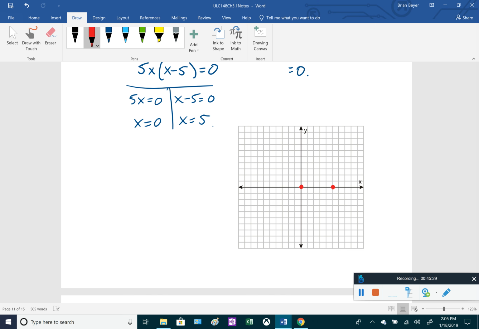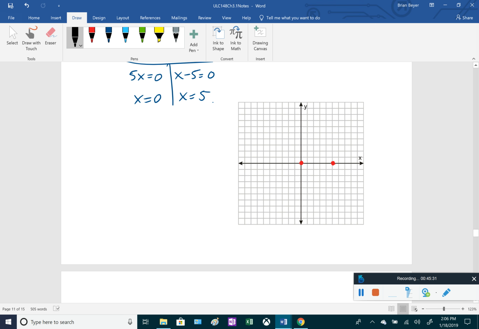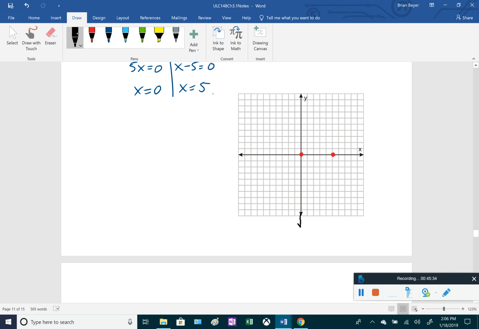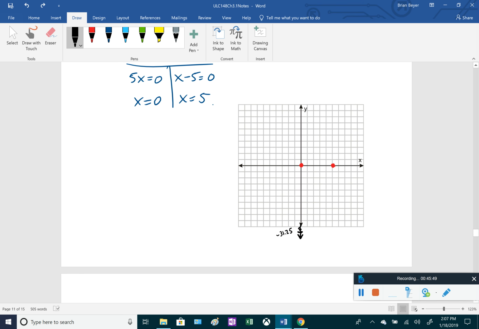And the vertex was crazy. It was all the way down here. I'm going to pretend like this is a little break in the graph, and that gives us negative 31.25.